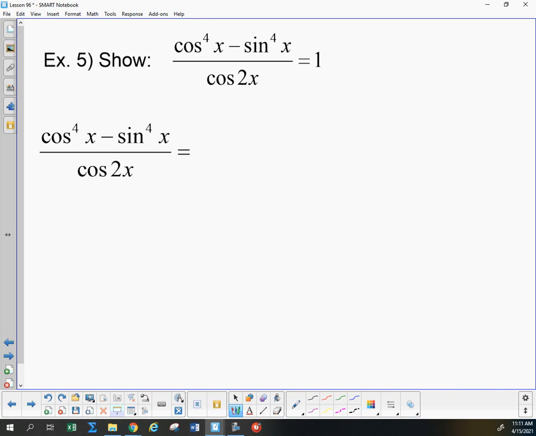Kenny, you have any ideas of how we might start? Something I might do to that numerator? Yeah, because it's what kind of factoring pattern? Or how would I factor it?